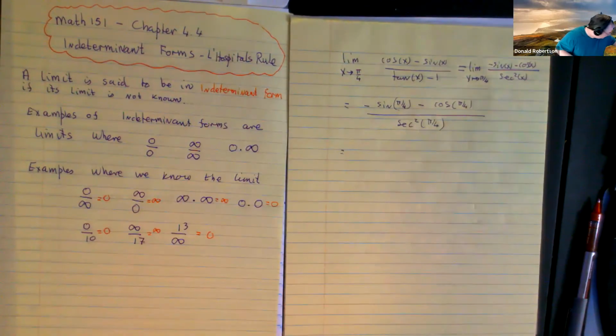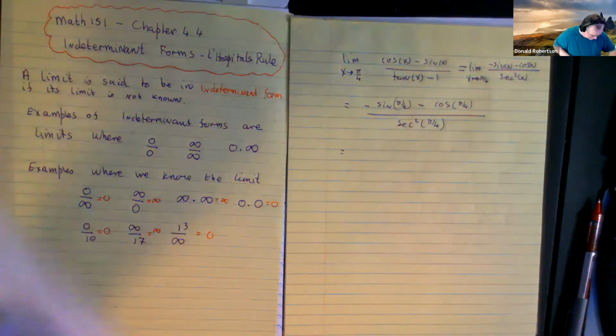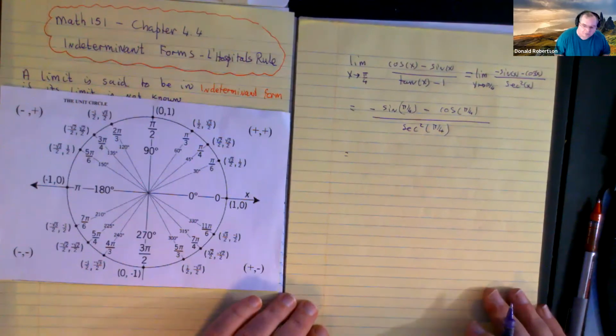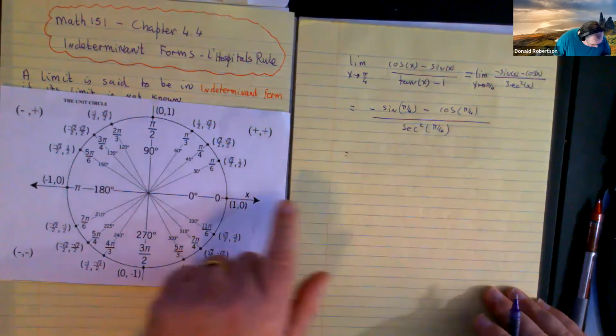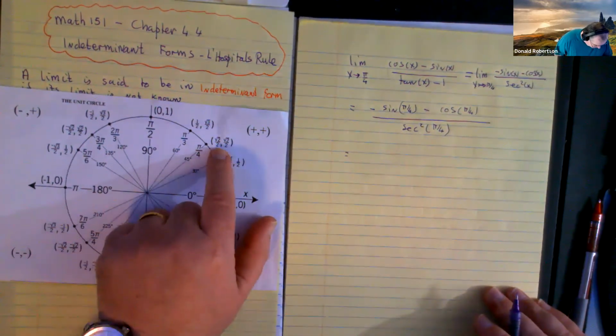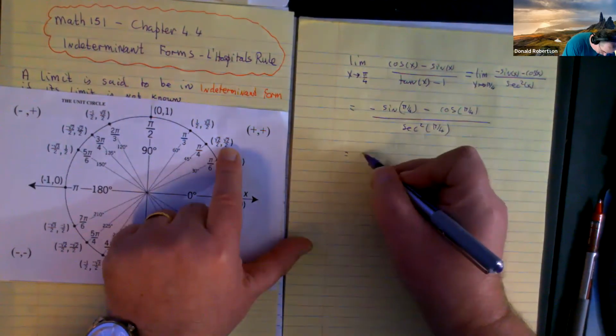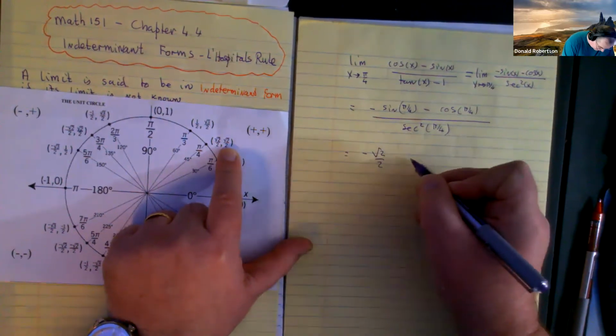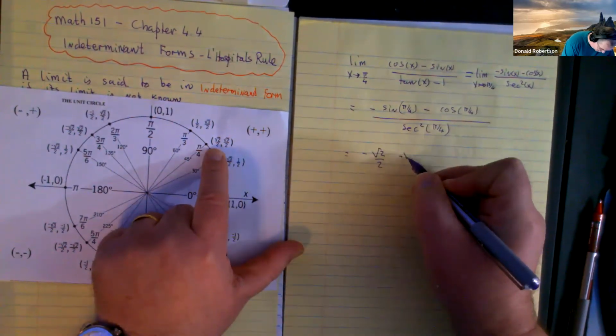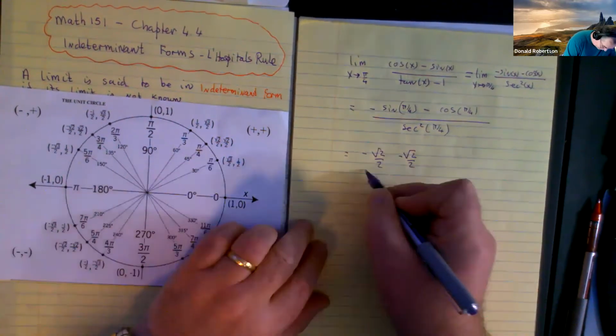If I got it handy, probably, oh God, would you believe it? I actually do have it handy. If you use your unit circle, the sine of pi upon 4, here's pi upon 4, is root 2 upon 2. So it's negative root 2 upon 2. The cosine is also root 2 upon 2.